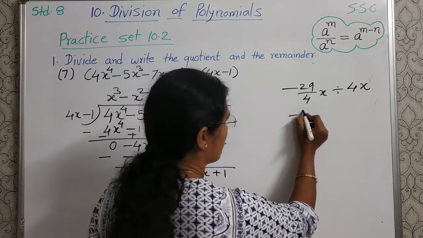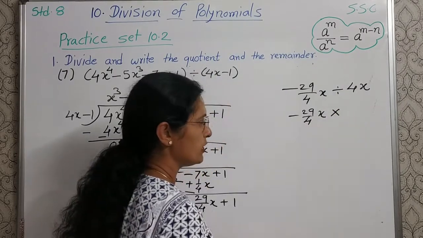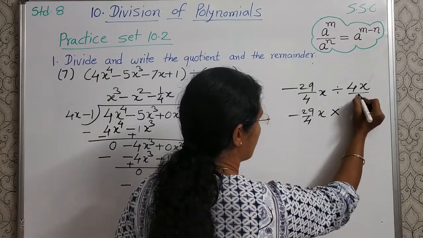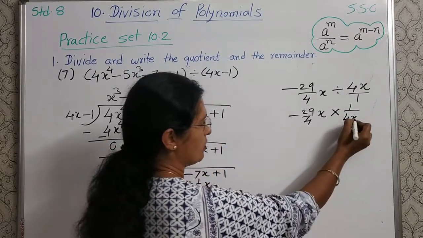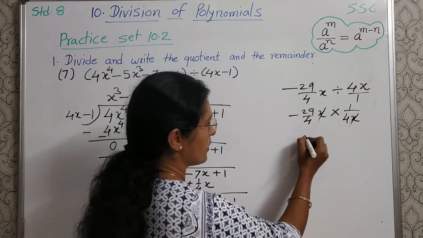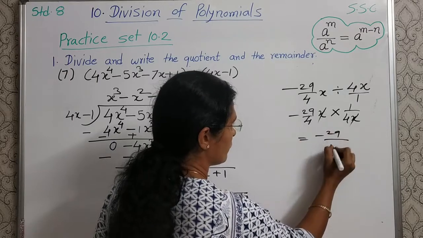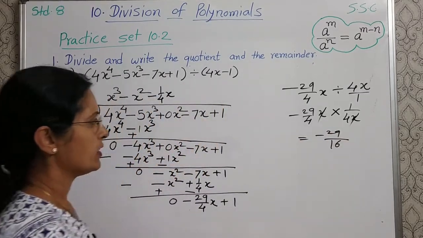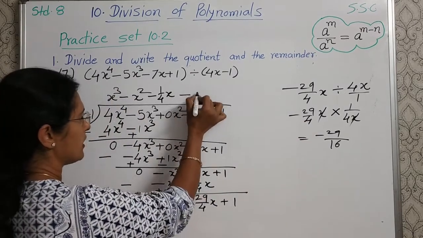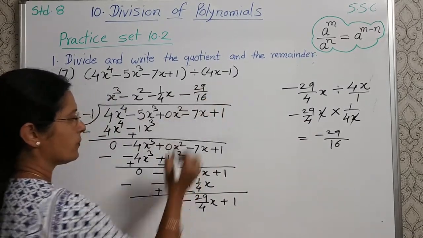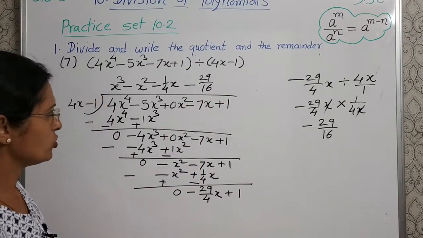Now minus 29 by 4x, this divide will change into multiplication. 4x by 1, now take the reciprocal, so it is 1 by 4x. Now solve. X will get cancelled and minus 29 into 1 is minus 29. 4 4s are 16. So minus 29 by 16 is the quotient.